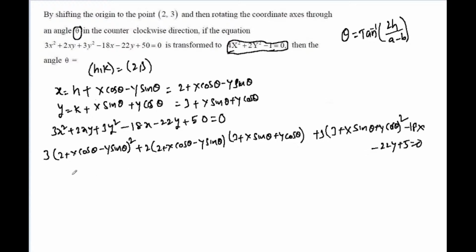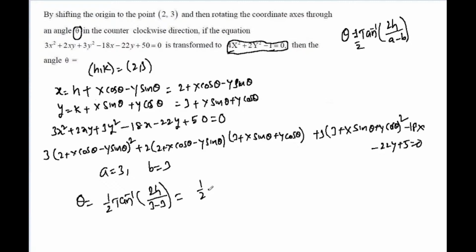In this equation, we find the x square coefficient, that is the a value, is 3, and the coefficient of y square, that is the b value, is 3. Substituting these values in this formula, theta is equal to half tan inverse of 2h by (a minus b), that is half into tan inverse of 2h by (3 minus 3), which is 2h by 0.